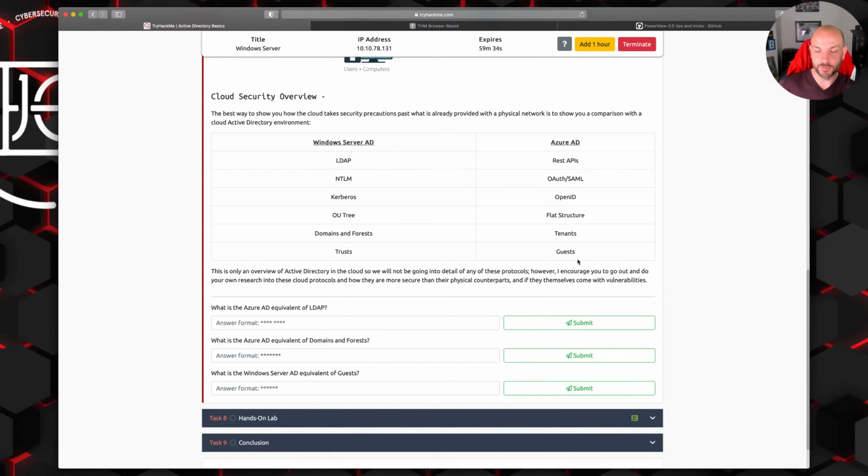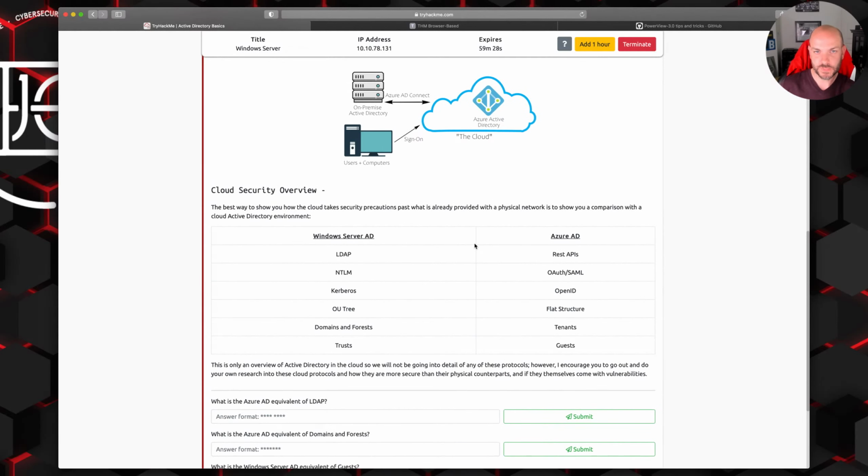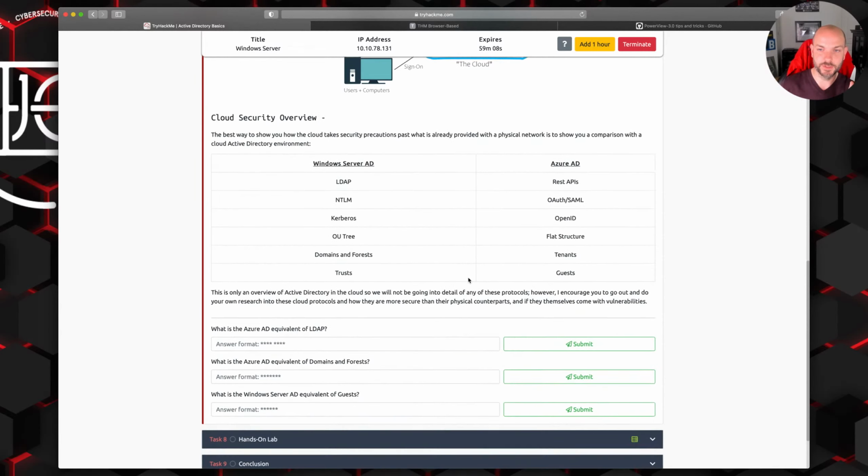I know that really does not go into a great breakdown of that, but I think the main point to understand is Azure Active Directory can interact back with on-prem Active Directory via Azure AD Connect. There's a lot of differences between the two. You don't expect that the same things that you're doing within your domain controllers or Active Directory on-prem, you're going to be able to do in the cloud.